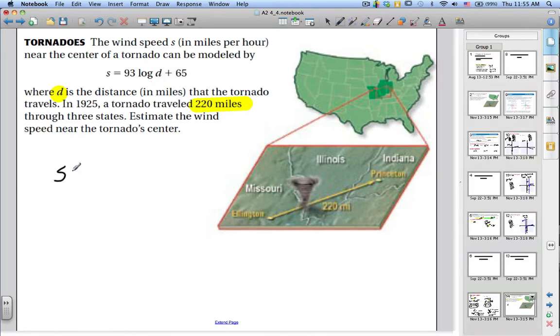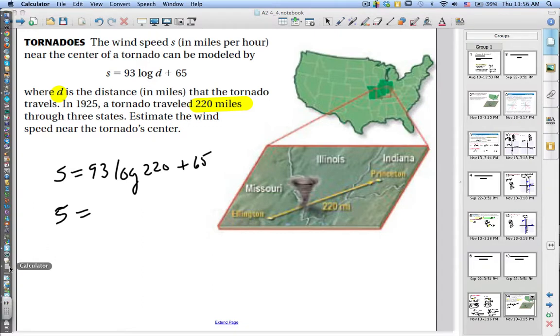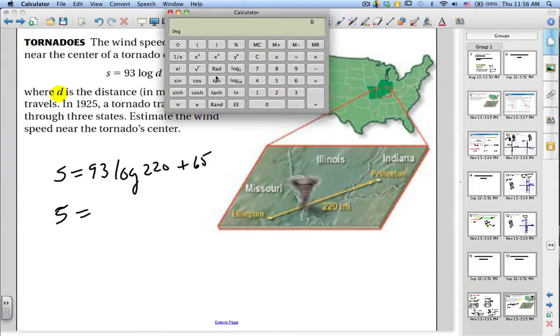So I know that my speed will be equal to 93 times a log base 10 of 220 plus 65. So what I would do at this point is just go ahead and use my calculator to do a log base 10 of 220. So if I pull up my calculator, I see here's a log base 10, so I'm going to do 220.